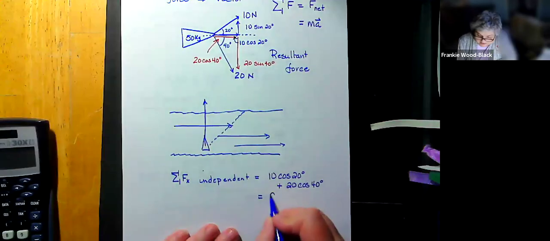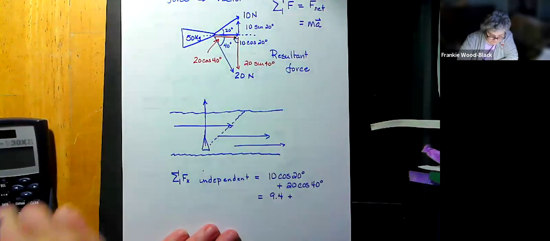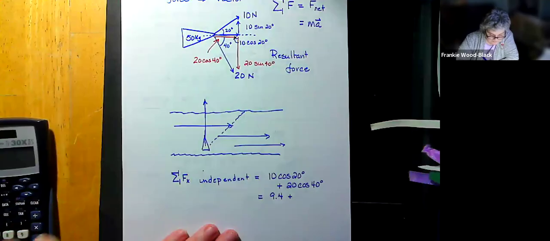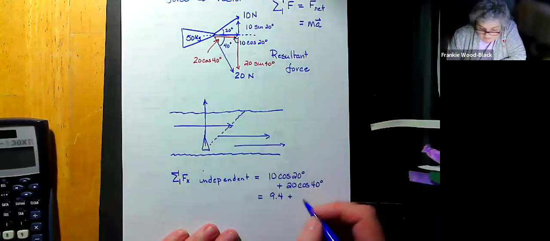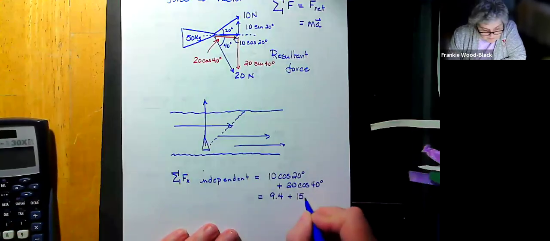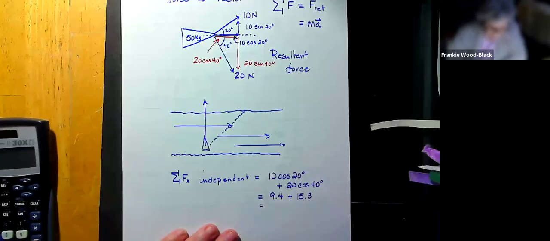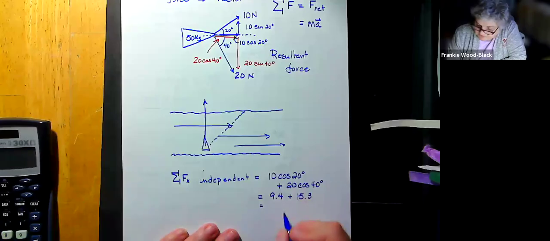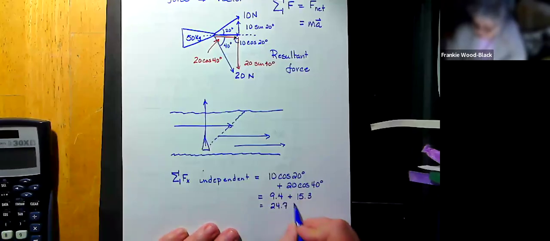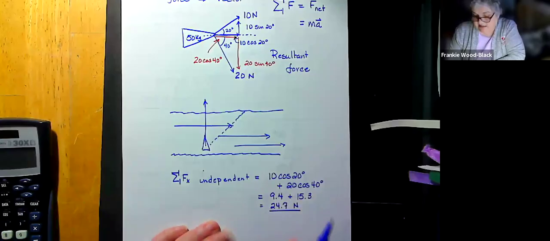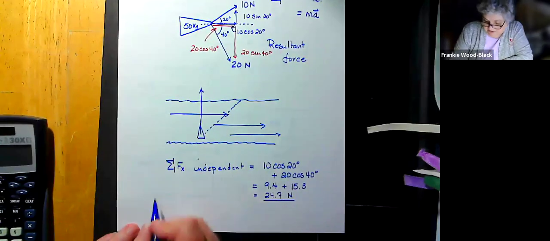And this is 9.4 plus 15.3. It's going to give me 24.7, and that's in newtons, the component in the x direction.